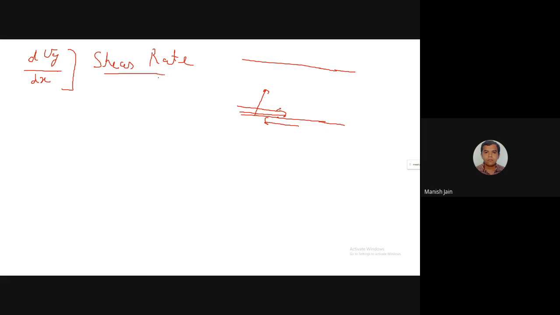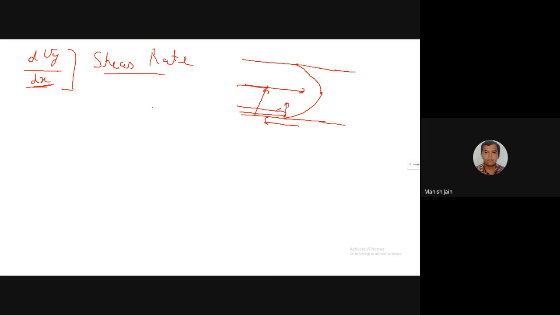Shear rate represents the change of velocity in a flow. At the middle you have the highest velocity, and at the boundaries of the tube you have zero velocity. So in this way you have the velocity profile. Velocity will be maximum at the center of the pipeline and zero at the boundary. The velocity is changing in this direction, that is dx.